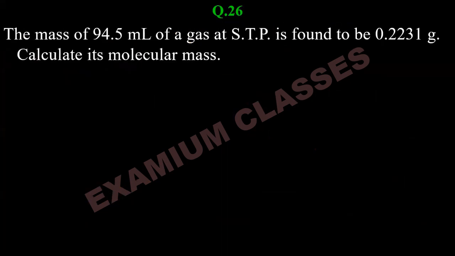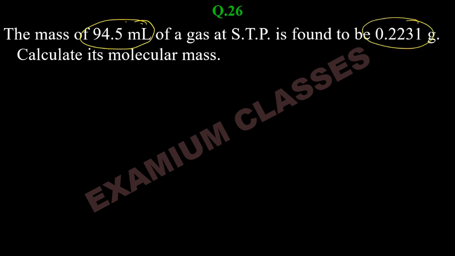Next question. The mass of 94.5 milliliter of a gas at STP is found to be 0.2231 grams. Calculate its molecular mass. Now, if you remember that chart I explained, you will be able to answer this question very easily, because this is just a relationship between the volume and mass.